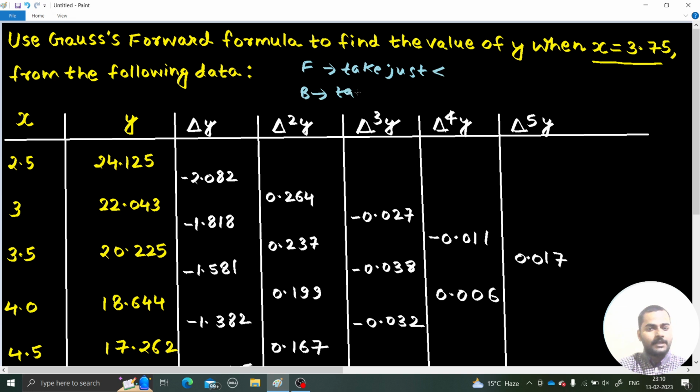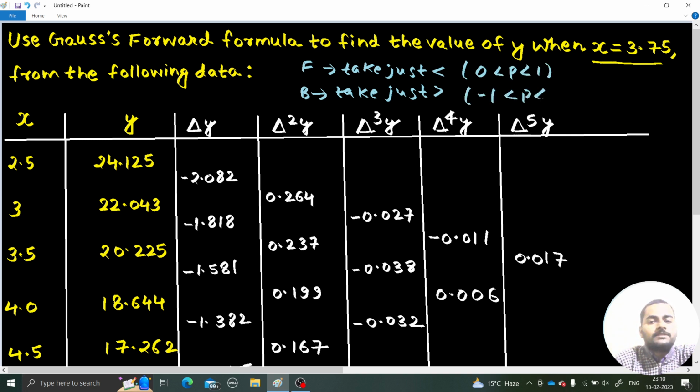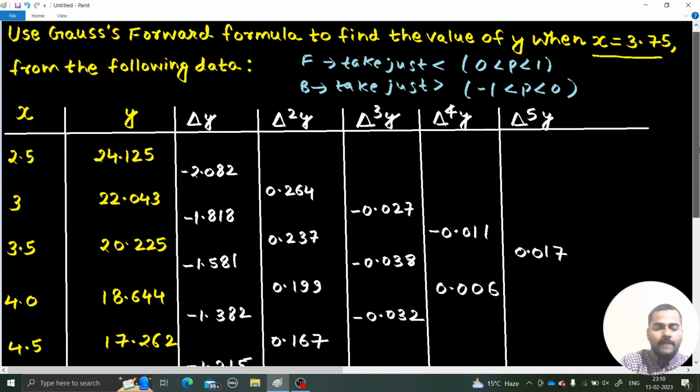In backward, take just greater than. Because it's forward, that will be more clarified, because in case of forward your p value lies between 0 and 1. In backward case it lies between -1 and 0. So we'll see, but for that we need the x naught value.